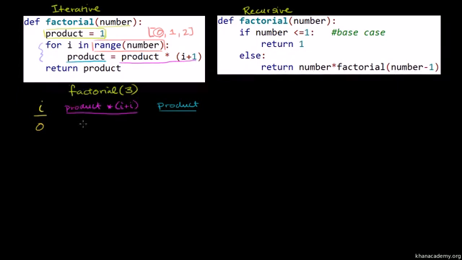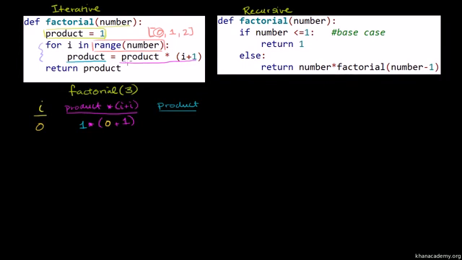So product is going to be 1, and it's 1 times I, which is 0, 1 times 0 plus 1.